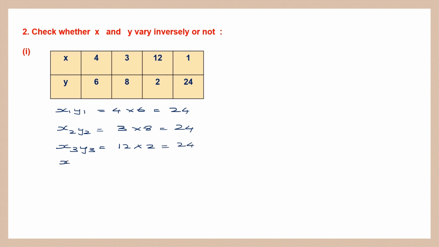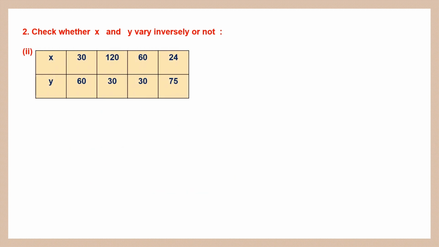And x4, y4. x4 is 1 and y4 is 24. 1 into 24 is 24. So here, as you can see, xy is a constant. The answer is always 24. That means x and y vary inversely. We are asked to check that x and y vary inversely, so this is your final answer to the first part of the question.